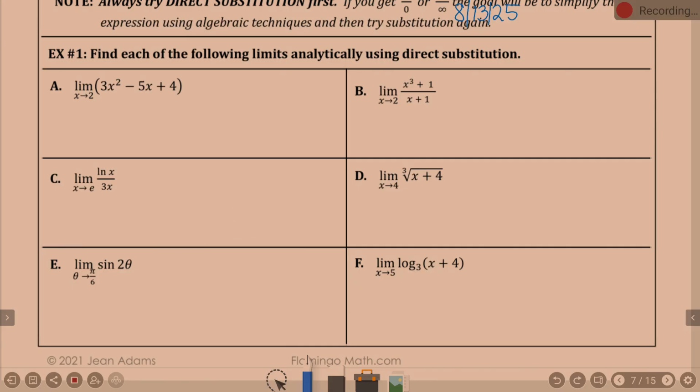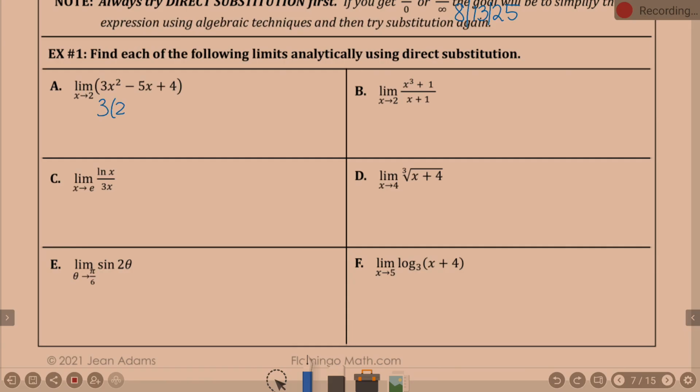Find each of the following limits analytically, and they're suggesting we use direct substitution. So, on the first one, the limit as x approaches 2 of 3x squared minus 5x plus 4. Plug in 2 for the x and go from there. That's a method you can usually use to get started.